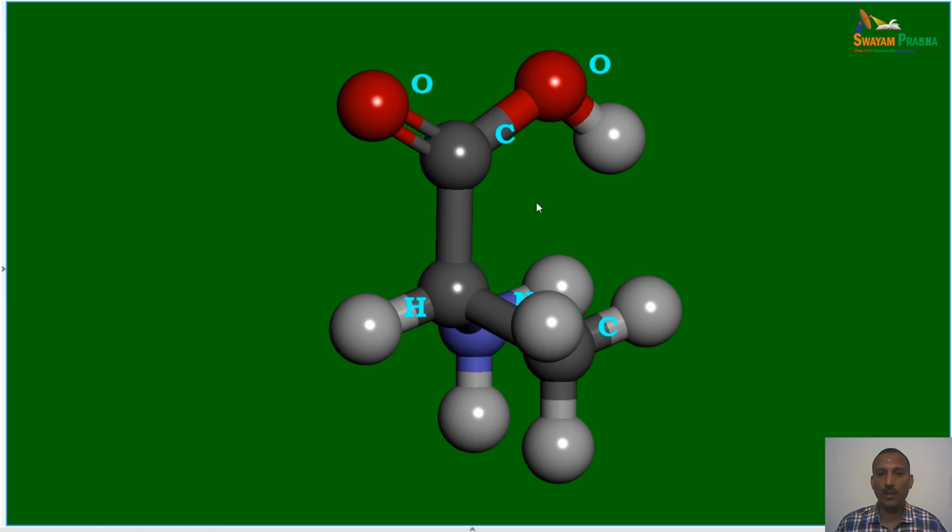As we mentioned earlier, in this particular case, we will be looking at the priority of the groups. Nitrogen has the highest atomic number in this alanine molecule, so it will get priority number 1. Then we have two carbons, the carbon with the 2 oxygens and the carbon with the 3 hydrogens. We need to find out which one will get the priority. As I mentioned earlier, each double bond is considered as 2 single bonds, and there is also another single bond.